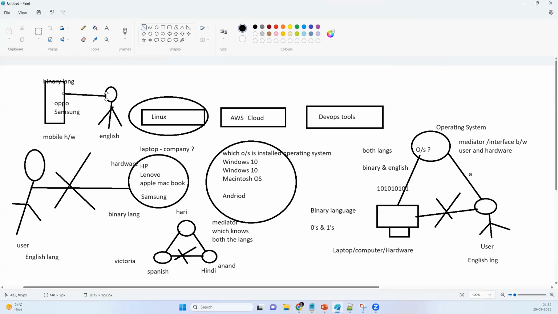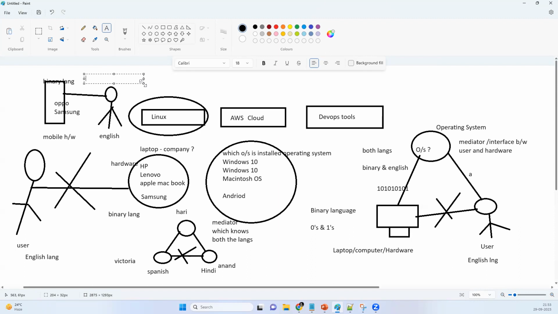Your mobile hardware knows only binary language, and the user knows only English. How are you interacting with your mobile? Which operating system is installed on your mobile?